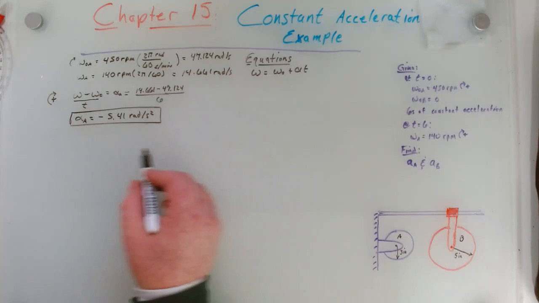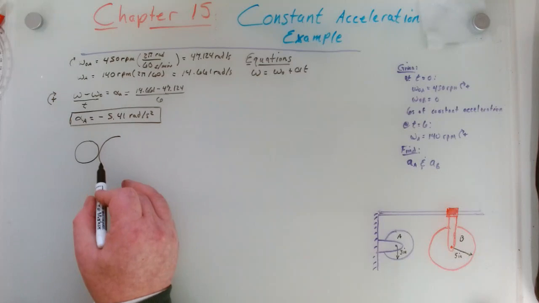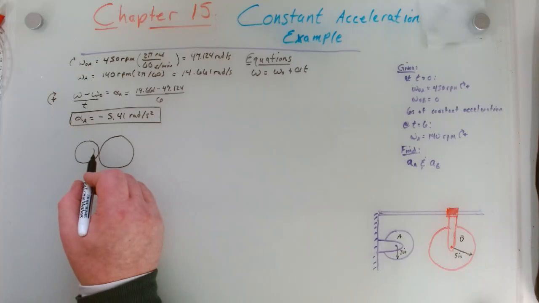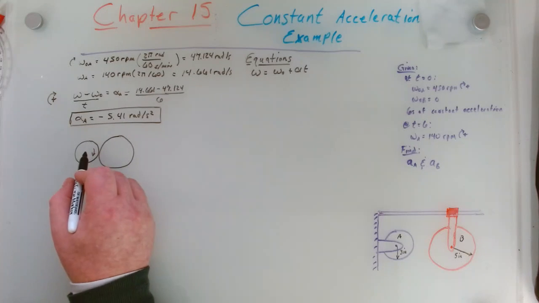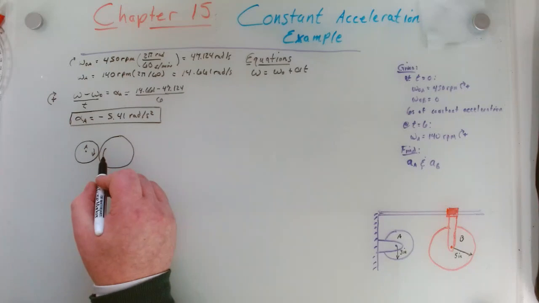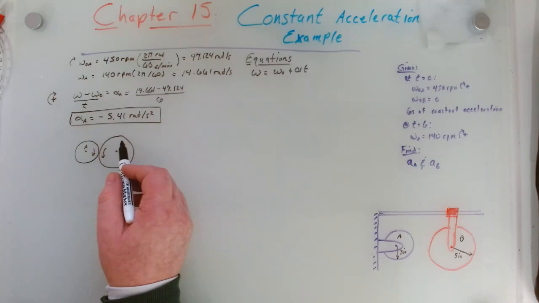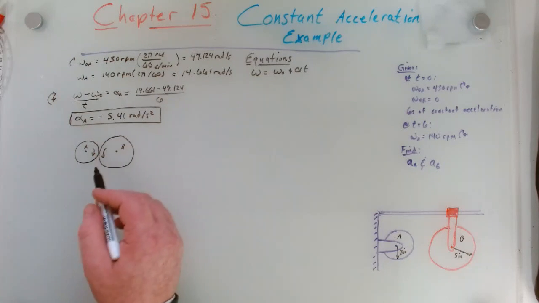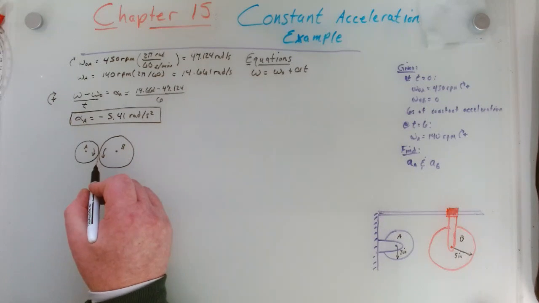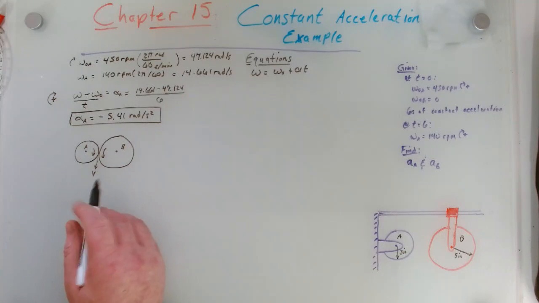If we just look at it, they're in contact, and A is rotating this way, which means that B has to be rotating this way. So B is moving in the anti-clockwise direction. If you can imagine pulling a piece of paper through here, then it would come through with some velocity.